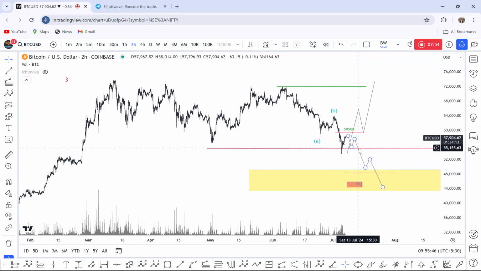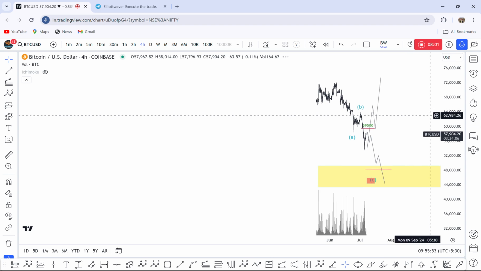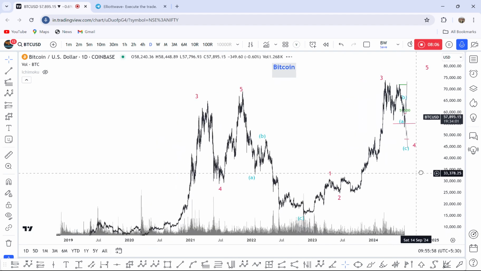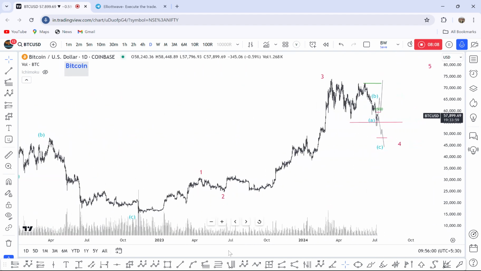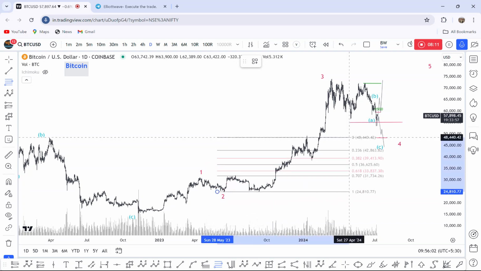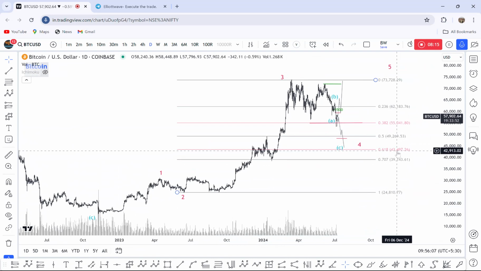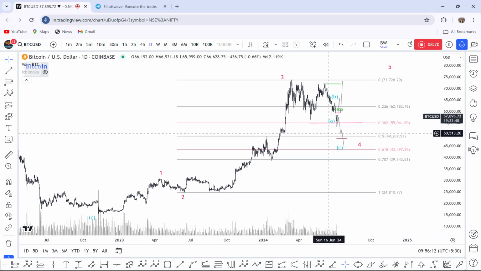Till then, we will sell. So this is my Bitcoin view. You can see here the retracement of the third wave. 61 is around 43, and 50% is around 49. So this is the area where I am interested to see what the price is doing.